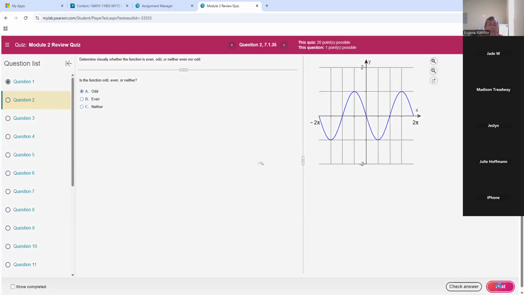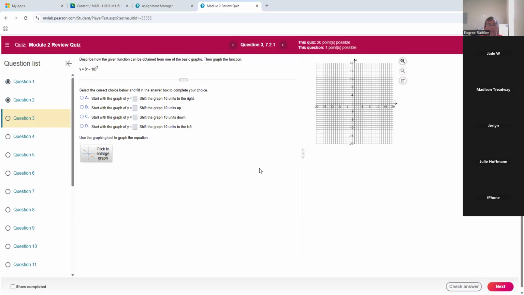All right, y'all, then it's going to get into moving the graphs around. So I gave y'all pictures of seven basic graphs. So this one, y equals (x minus 10) squared. Since we got an exponent of 2 on this one, this is going to be the quadratic graphs or the x squared graphs.